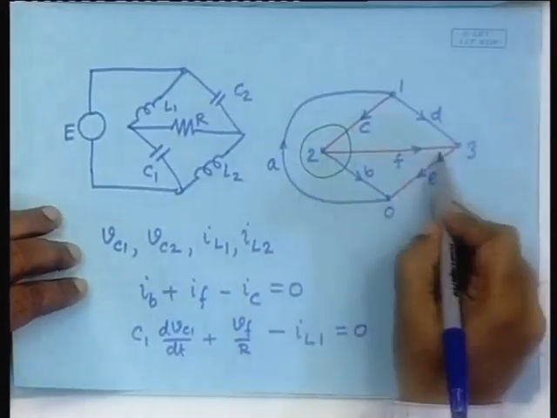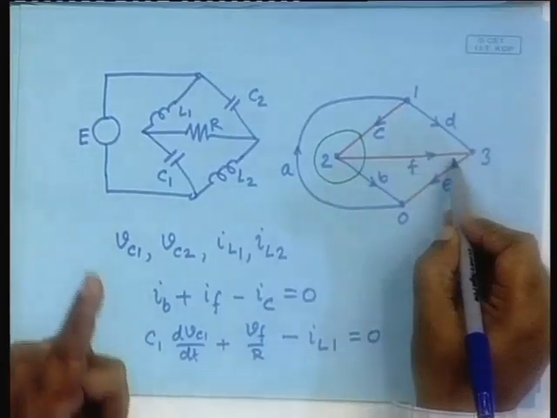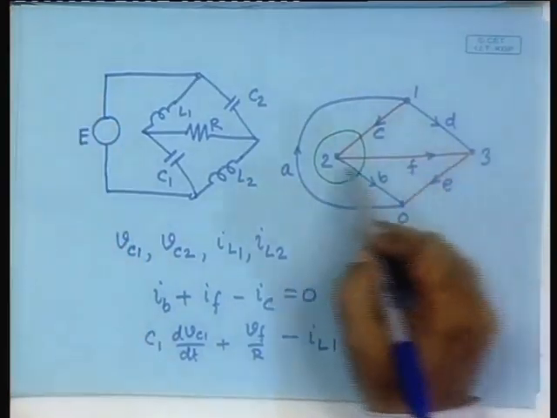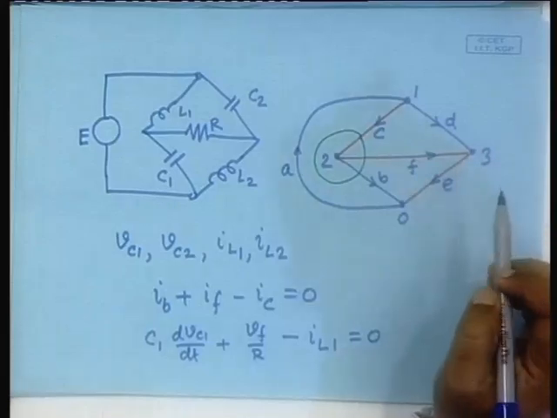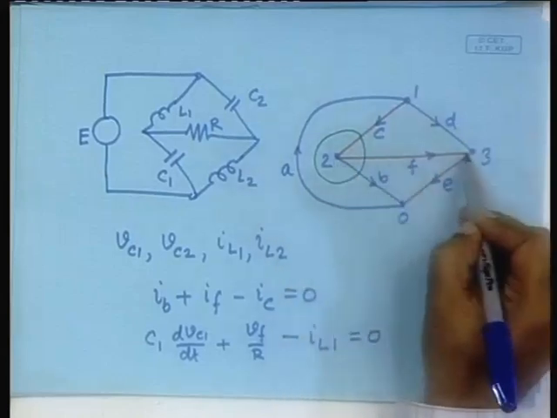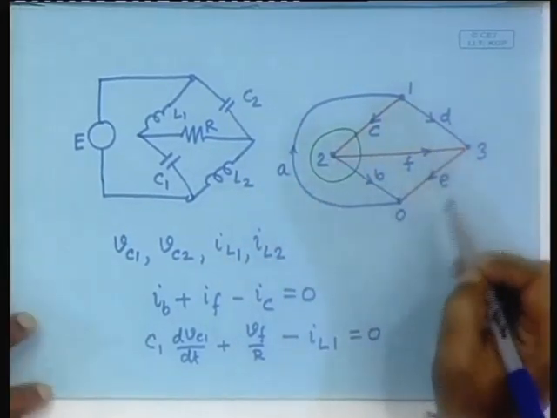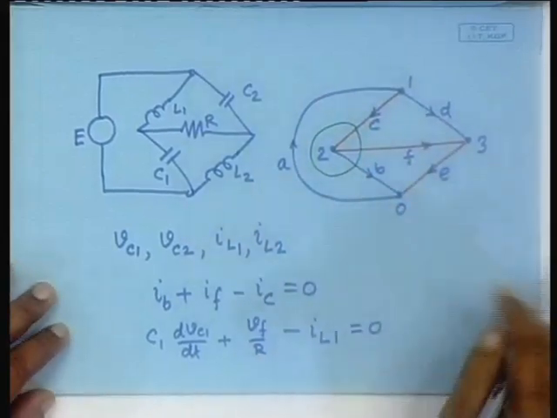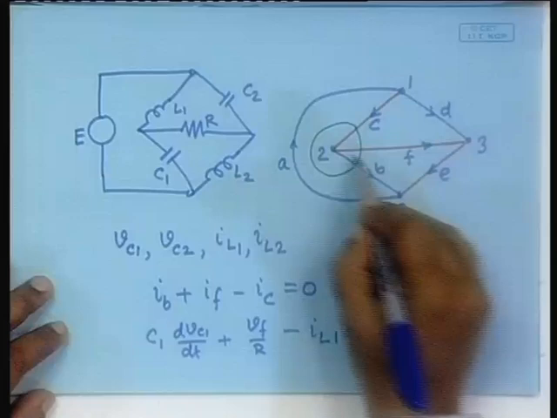VF is a voltage which will have to be obtained from a basic loop. So, what is the basic loop containing VF? 0, 3, 0, 2, 3, 1, 0. Yes. So, this is the loop that contains VF.